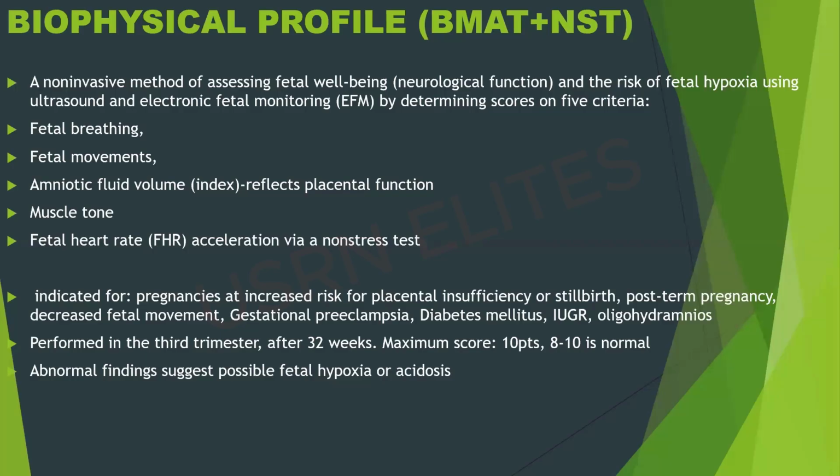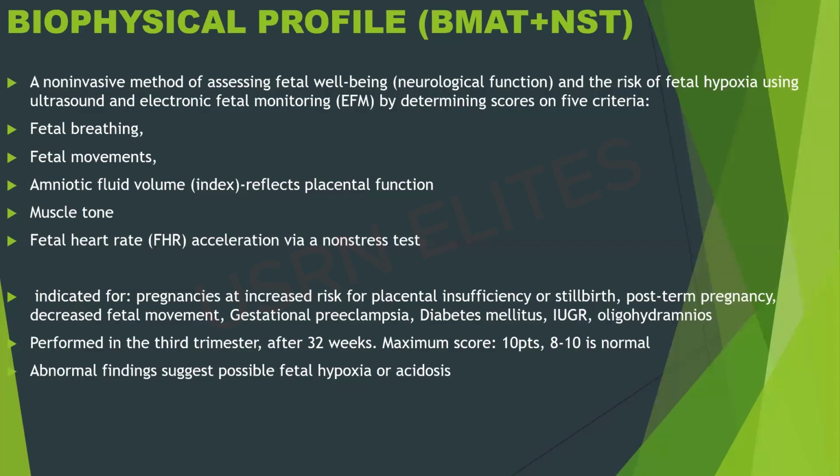I saw you said the maximum score is 10. I want to know how the scoring is done, or is it not the work of a nurse to do that? No, this one is not a big deal. They just give 2 for each.